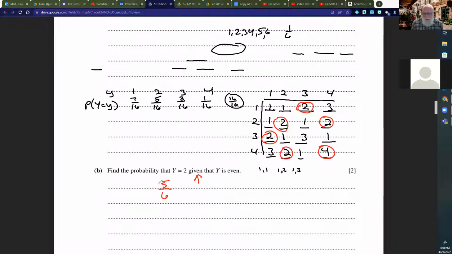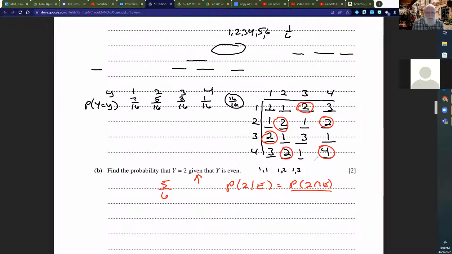And see, that's one way to go about doing this. The other way I could do it is I could use the conditional probability. Remember the probability of it being 2, given that y is even. And see, the way I do that is I put down the probability that it's 2 and even, which is easy because 2 is going to be even, right? And then I'm going to divide it by the probability of it being even.